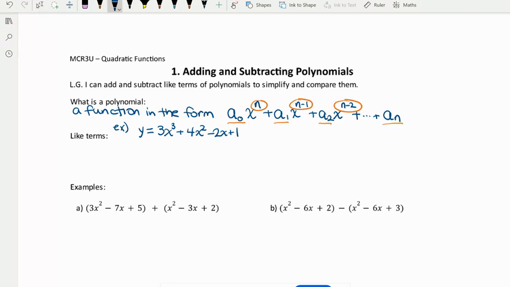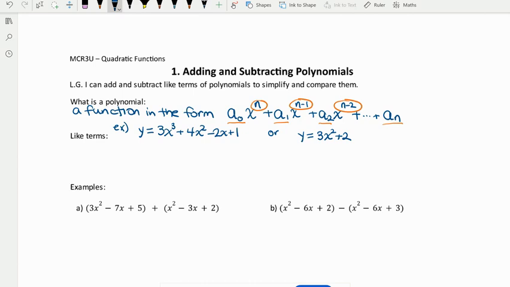Nothing else involved, okay? And we've got some constants here. That's a polynomial. Or maybe a simpler one, y equals 3x squared plus 2. That's a simple polynomial. So these are just examples.